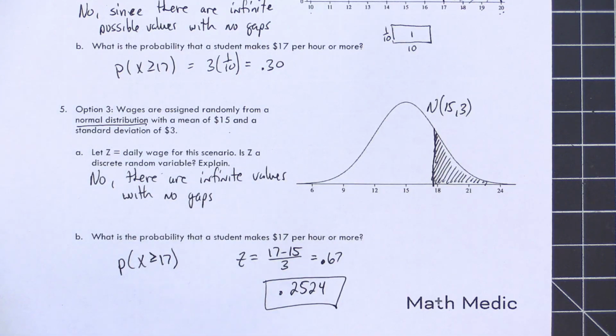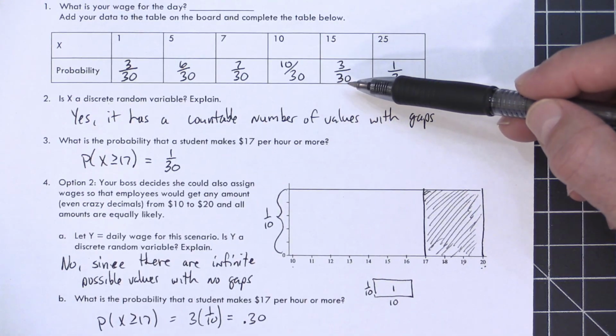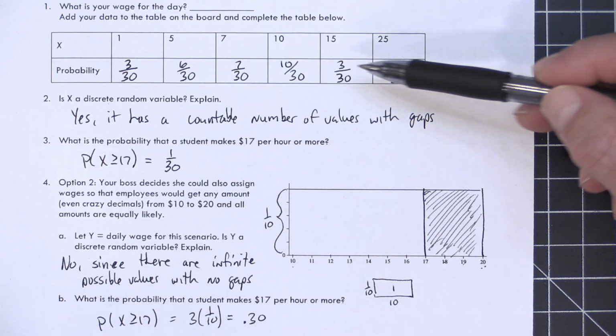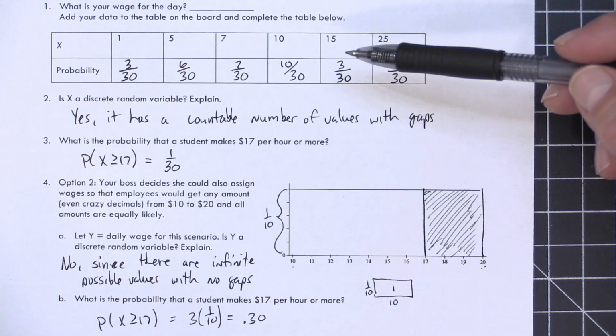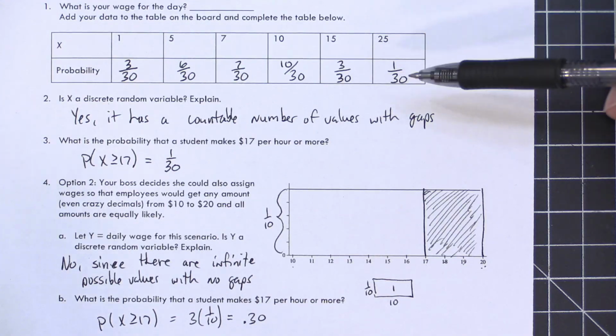Now, the reason why these are all different, of course, is because it depends on whether or not it's discrete or continuous. If it's discrete, remember, there's only so many values here we can choose from. There was only 25. That's the only number that's bigger than 17 because you can't do 18, 19, 20, or 21 because there's gaps there, right?